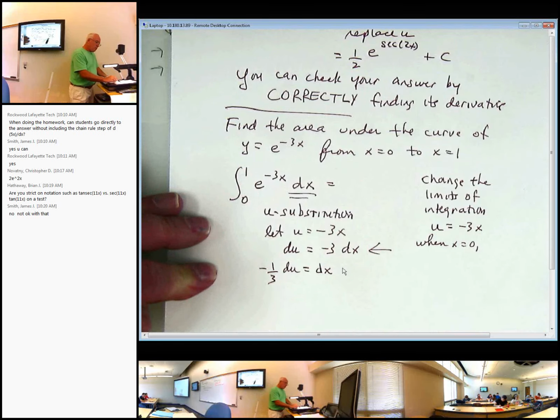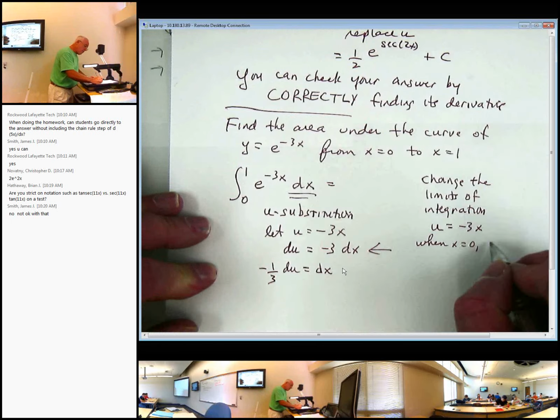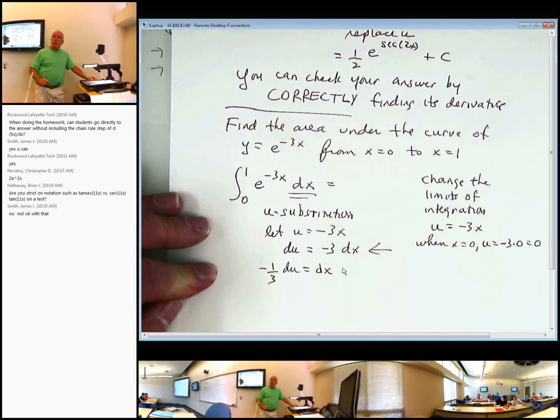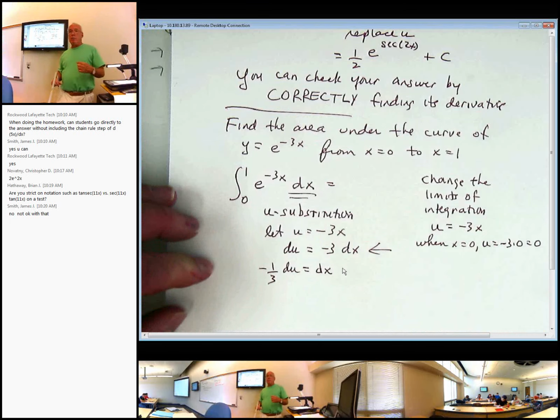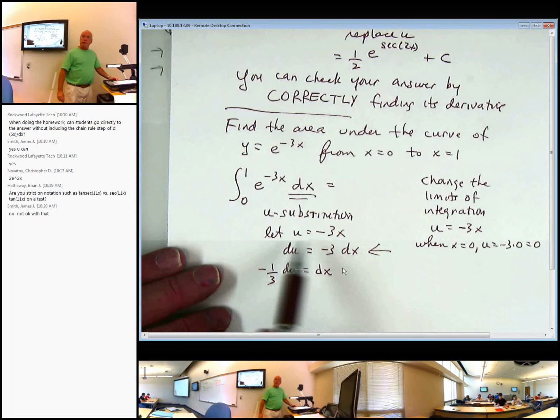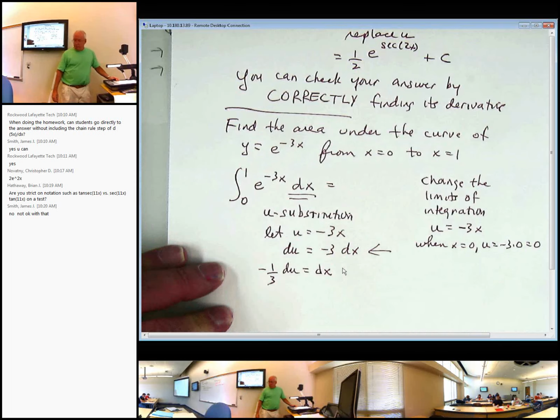U is equal to minus 3 times 0, so u is equal to 0, right? So u is equal to 0. I just plug in my lower limit of x into my substitution formula to get my new limit of integration for the bottom number.